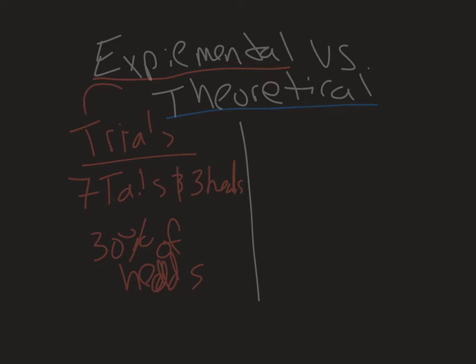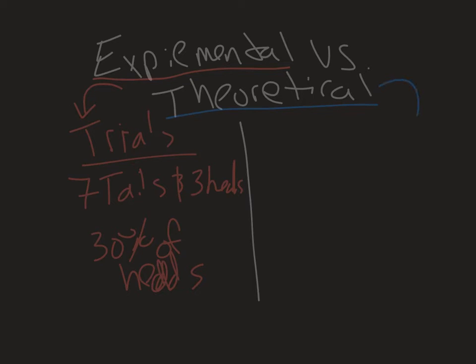So experimental is based on a sample, and it's something that isn't talked about too much when you're talking about probability on more of a conceptual level. Experimental is more useful when you're looking at surveys, data analysis, that kind of thing. So it plays a part. However, given sampling variability, it can't always be as accurate as we would like.